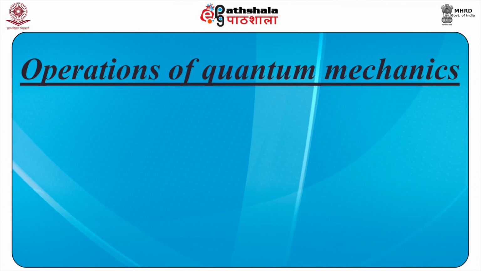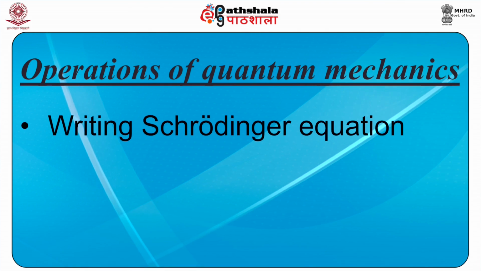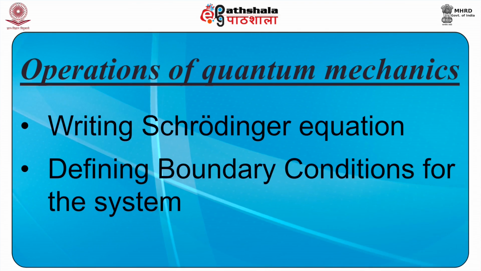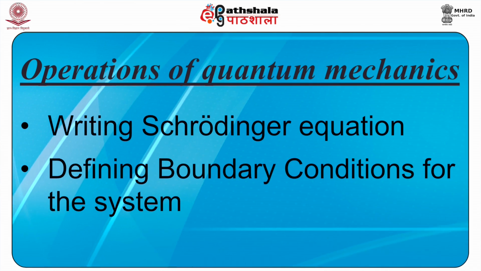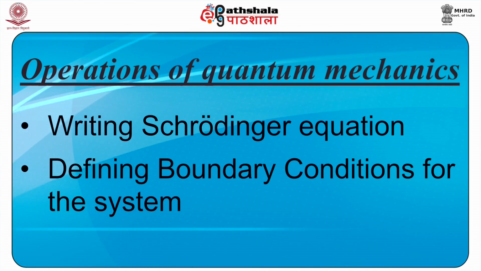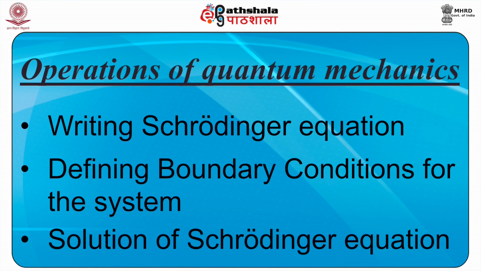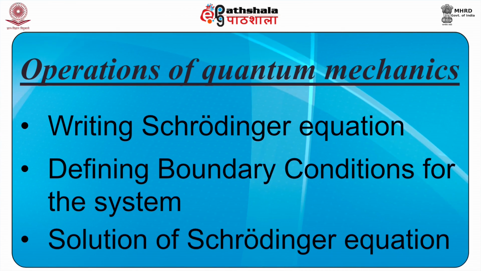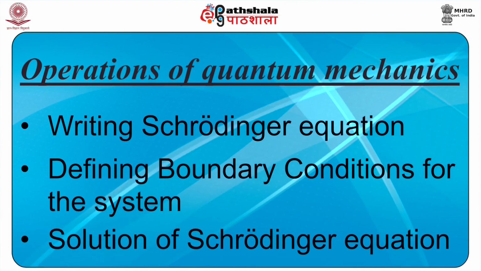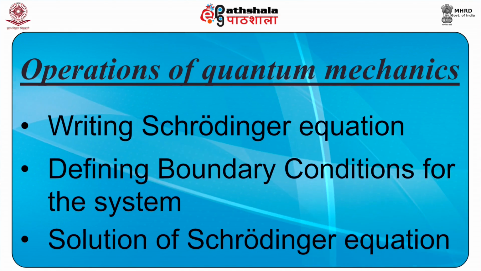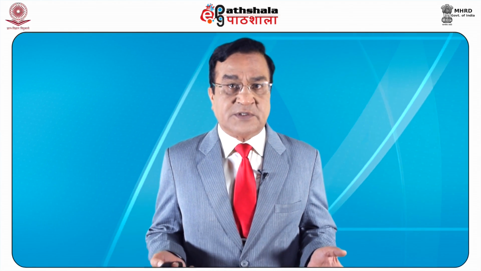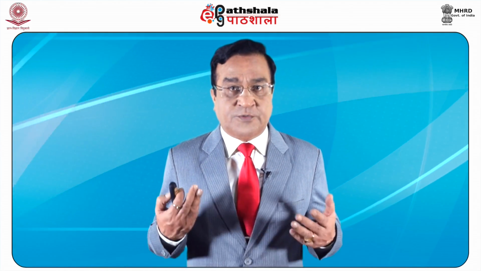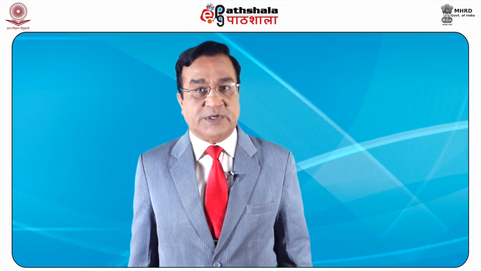After having explained two steps, the first was writing the Schrödinger equation and the second was defining boundary conditions, let's come to the third step. The third step is perhaps the most difficult step, and it is that we need to solve the Schrödinger equation in the light of the boundary conditions. This is a very difficult step. There is no general formula for this. Therefore, in quantum mechanics, most of the time we are focusing on the solution of the Schrödinger equation.